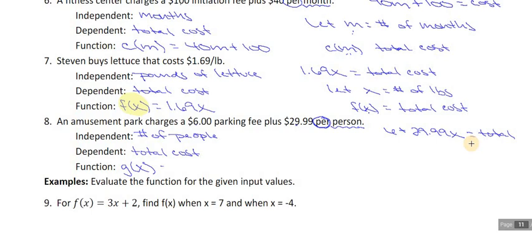So g of x is equal to, I'm going to put my variable first, 29.99 times x plus 6, where in this case our x equals number of people, and then the side note is that g of x tells us our total cost.